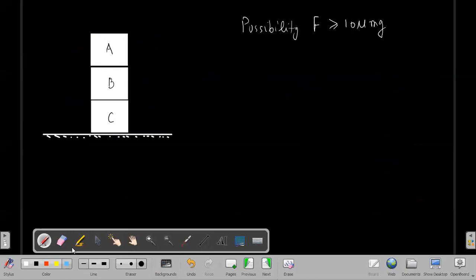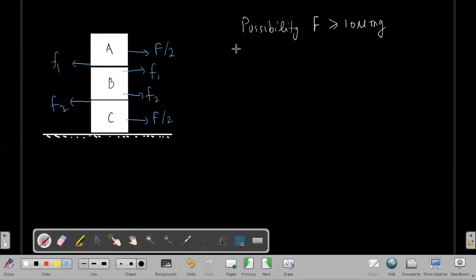Now, in this case, block A, which was under a force F by 2, and block C, which was under a force F by 2, along with the frictional forces F1 and F2 on these blocks. Reaction of those frictional forces on the block B, F1 and F2.